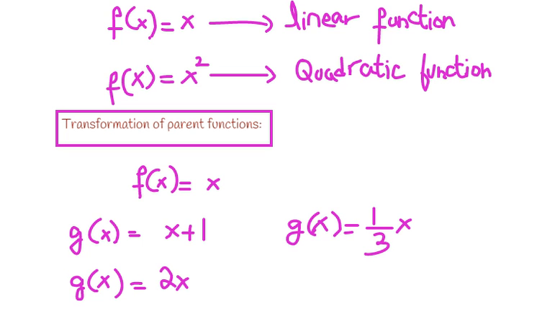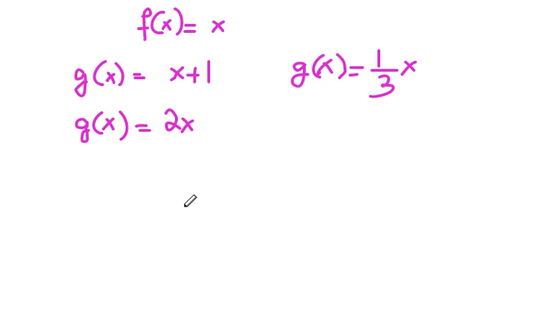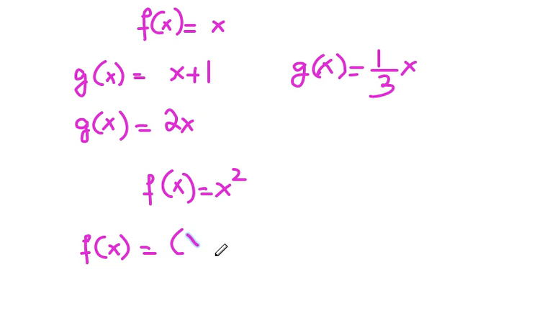Now you can take a different parent function. For example, f of x equal x squared. Again, the transformation would be pretty much the same. It can be f of x equal x plus 1 whole squared. What are you changing here? You are changing the x. I'll write it in a different way: f of x plus 1.